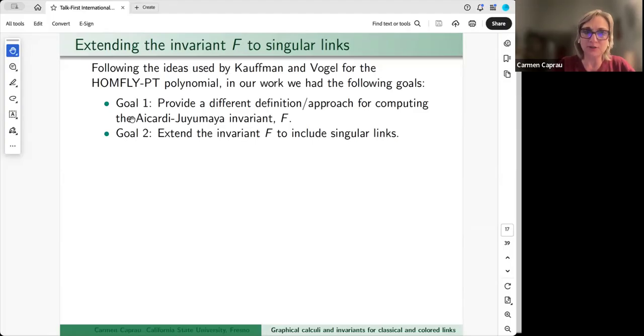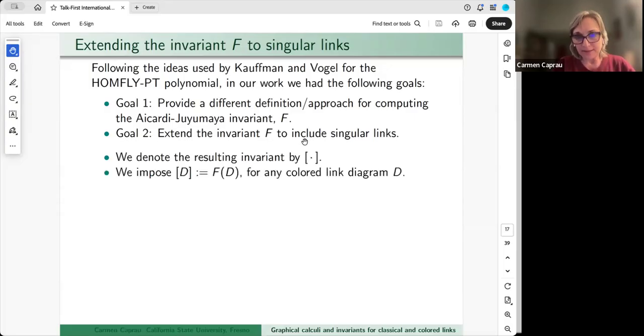So again, we had two goals: to extend the invariant to singular links, but also provide a state sum formula for their invariant. And in order to achieve those two goals, we needed to start with the second one. And now I will tell you what we did to extend it to singular, and I should say singular colored links. That is the correct term.